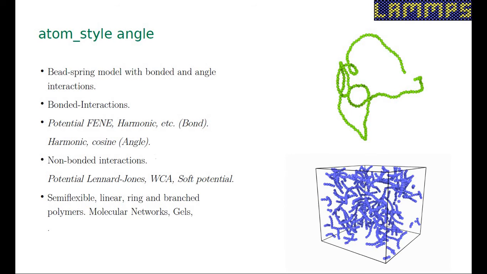This potential hinders the angles between the springs. Right, and then the non-bond interaction comes. We can use the Lennard-Jones potential, the WCA potential, the Weeks-Chandler-Andersen potential, or some sort of soft potential.